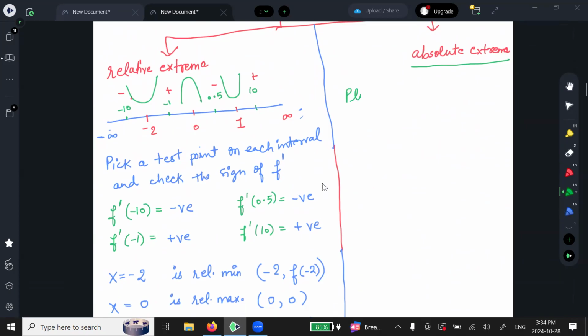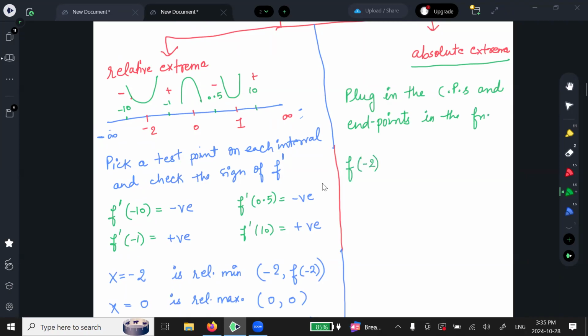Just plug in the critical points and endpoints in the function, and that's it. Okay, so plug in the critical points. What do you get?